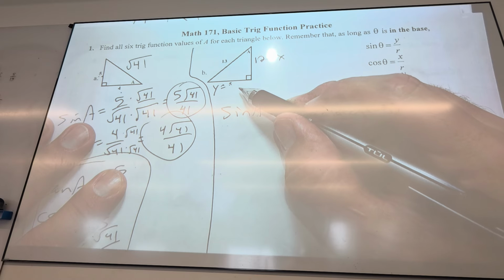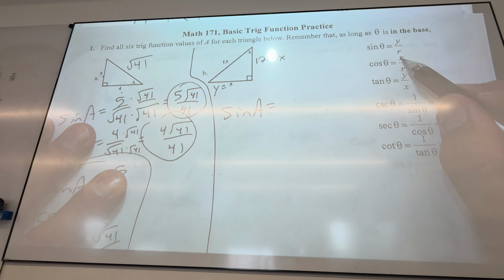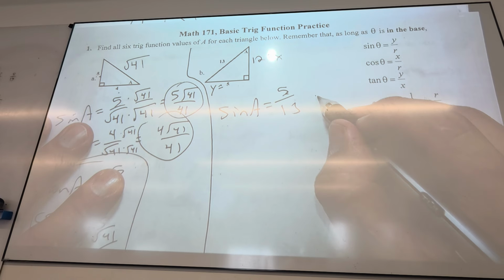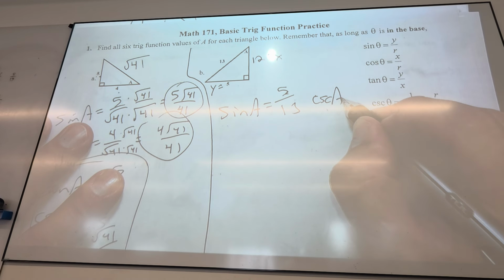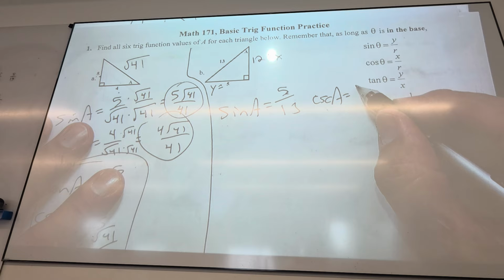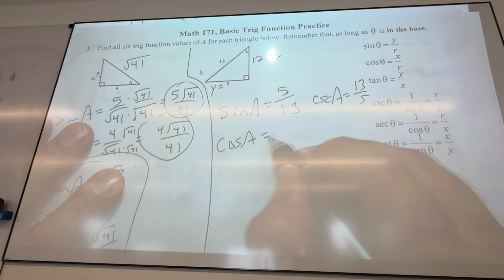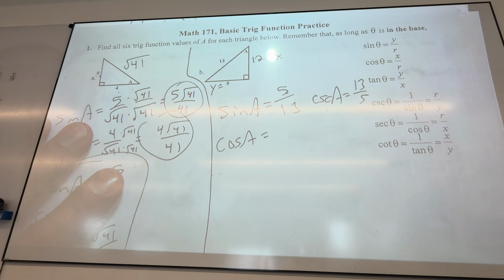5 over 13. So let's do the reciprocal at the same time. What's cosecant? 13 over 5. Cosine. What would cosine be?